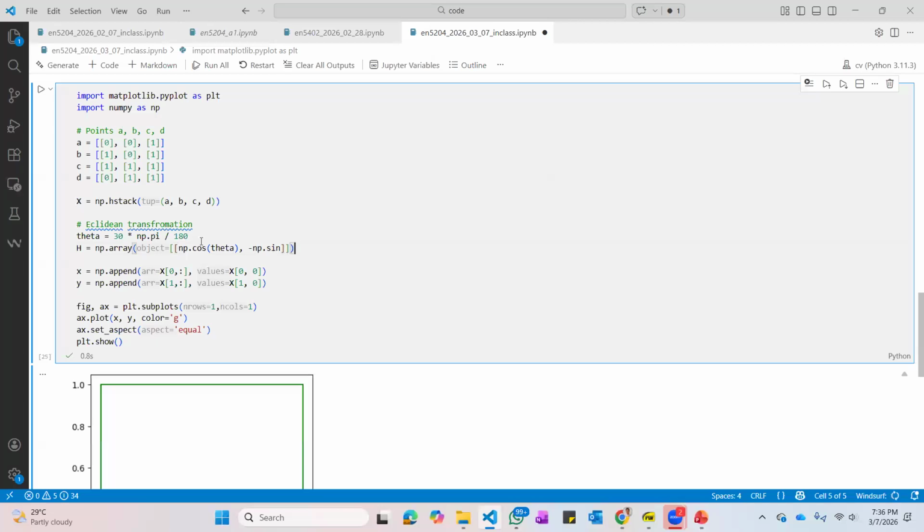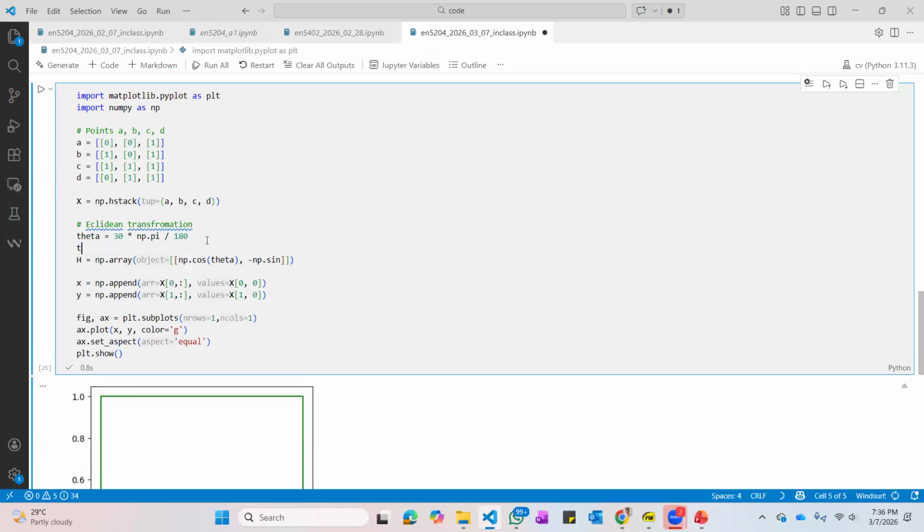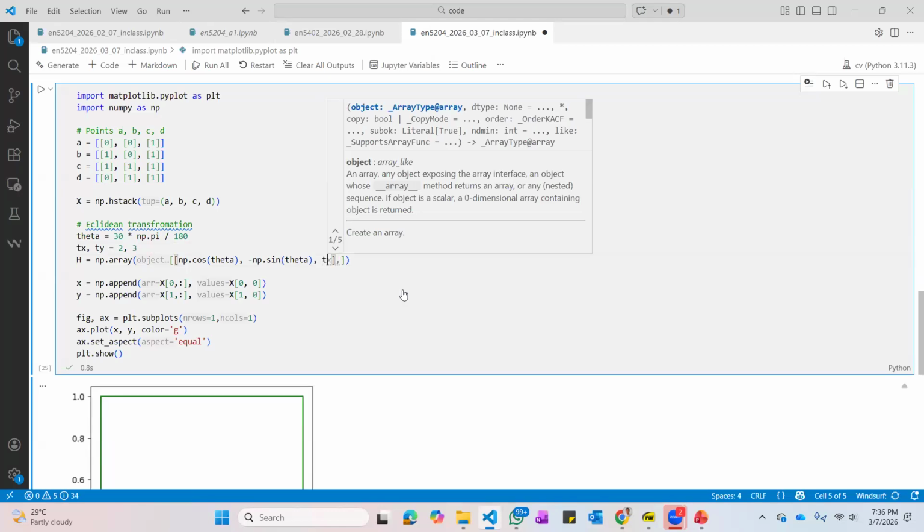The third number is a translation. So let me define the translation vector tx, ty. We translate by 2, 3. So after minus sin theta, the third number is tx.